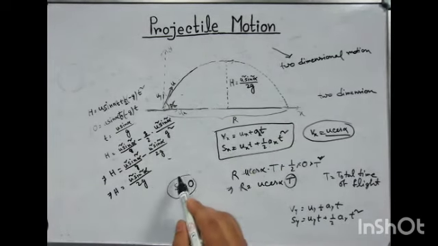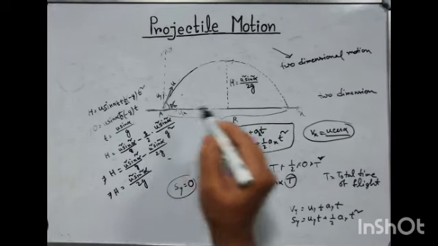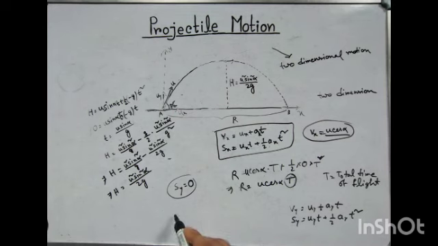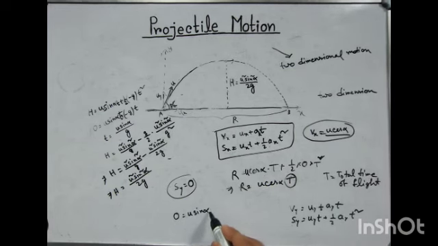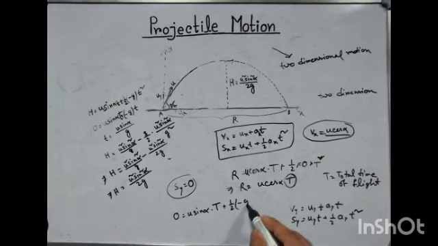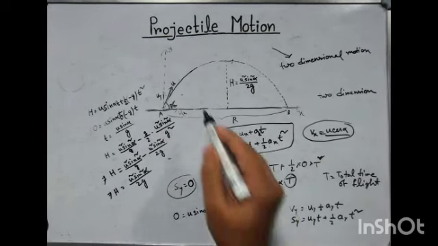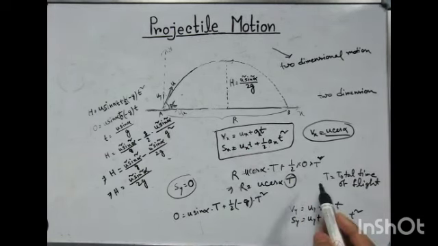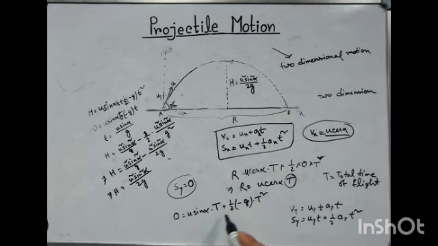So sy will be 0 from A to B. So sy is 0 here, and uy is u sin alpha, t is the total time of flight, plus half ay t squared, where ay is always minus g because only gravitational force is there, and capital T is the total time of flight.